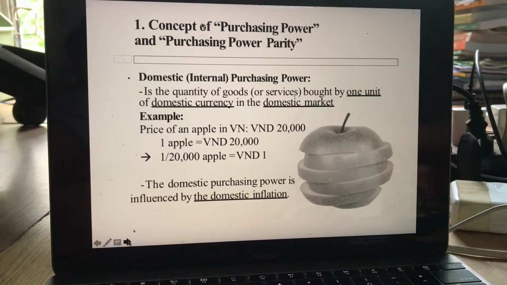And we have the formula to compute the percentage of undervaluation and overvaluation. And we have the QD and the QR. And we compute the VR, right? So the domestic purchasing power is the quantity of goods bought by using 1 unit of domestic currency in the domestic market. And that corresponds to the QD.